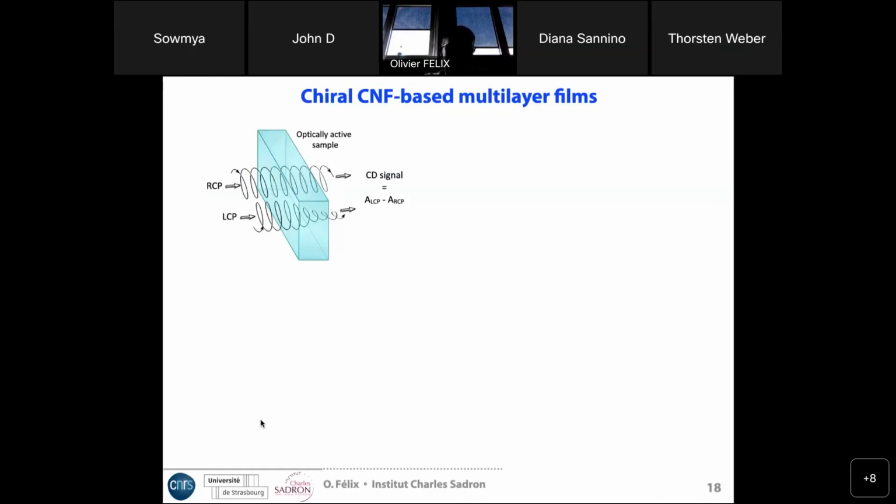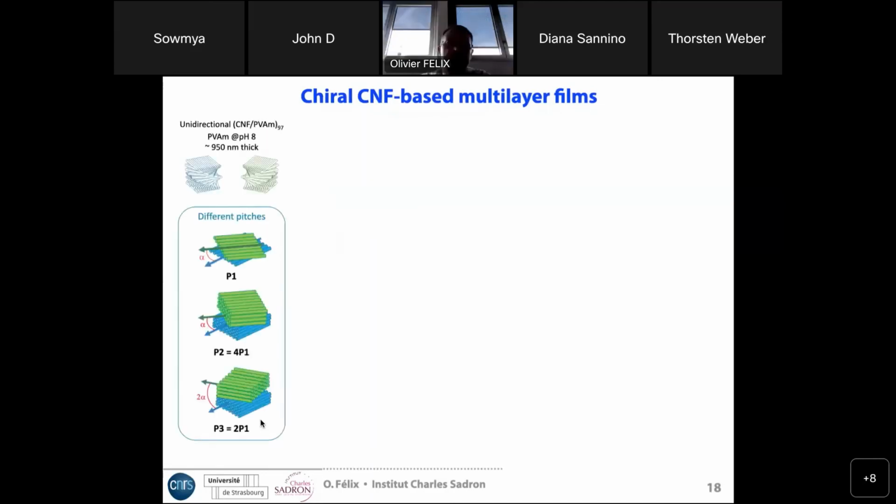And if this sample is active, one of these two, the left or the right circular, will be absorbed. Just by measuring the difference between the absorption of the left and the right, you will get a CD signal. In the case where you have an isotropic material, that means no activity, you have 0.